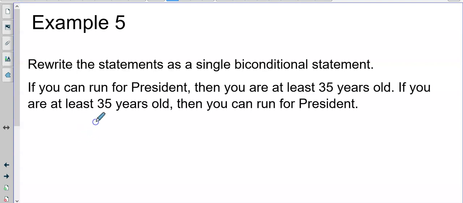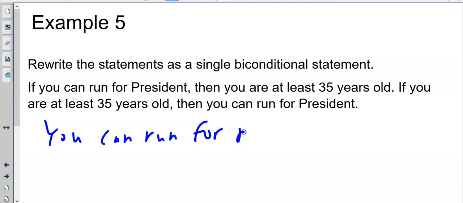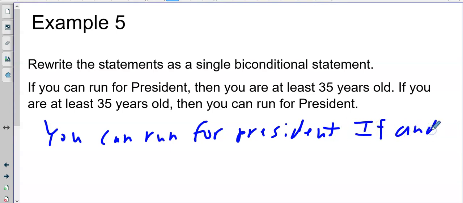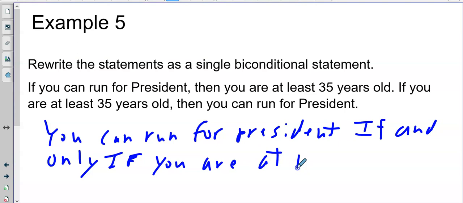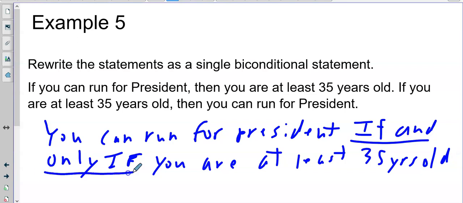So you can run for president if and only if you are 35 years old, at least. I have to say at least, otherwise you can only be 35 years old. Okay, so this is the important part: if and only if.